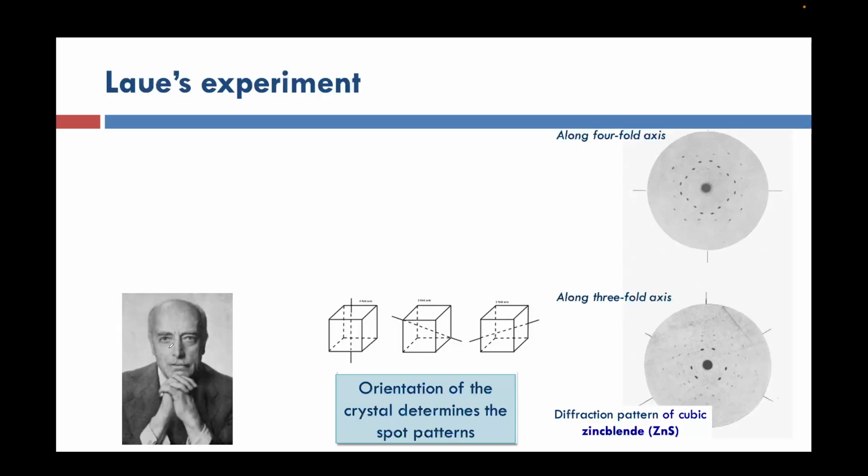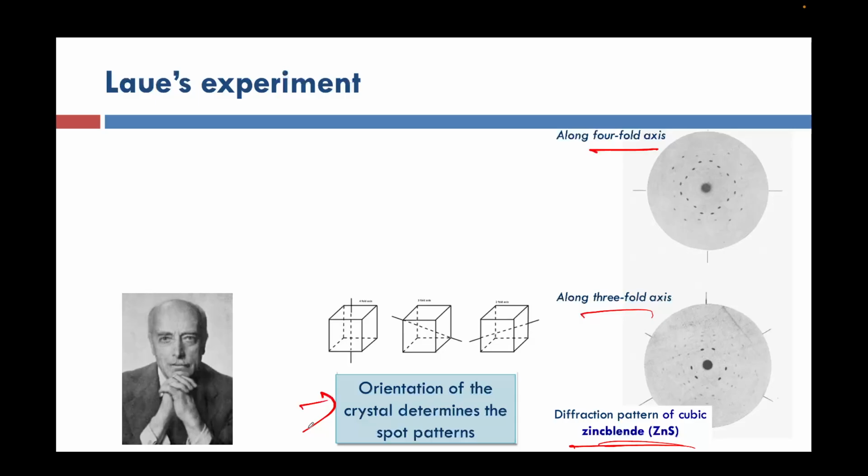As I said earlier, in Laue's experiment, Max von Laue was the first scientist to show us that X-rays can be used to determine the orientation of the crystal. He did some experiments with the zinc blende structure, rotating the crystal along the 4-fold axis and 3-fold axis, and he got to know that the orientation of the crystal determines the spot patterns.